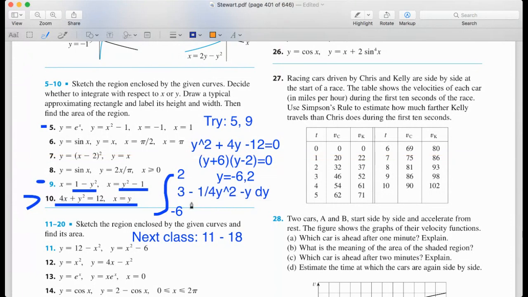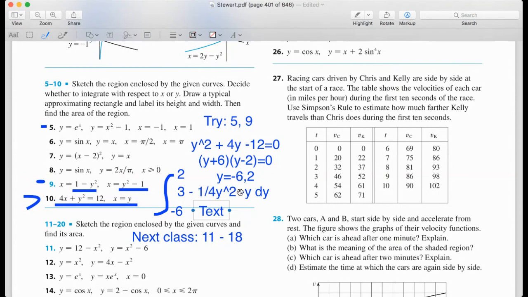We integrate this definite integral. If we get a negative value, we just switch, so we do y minus 3 plus 1/4 y squared. So we integrate this. I'm not able to finish, we only have 1 minute left.